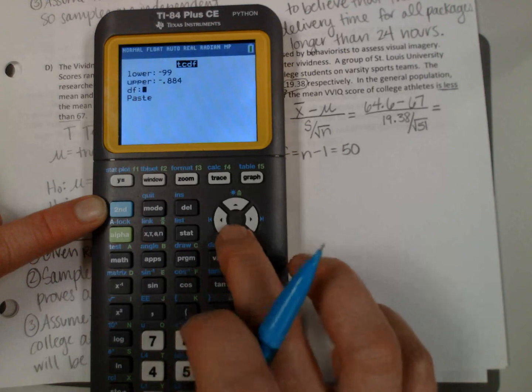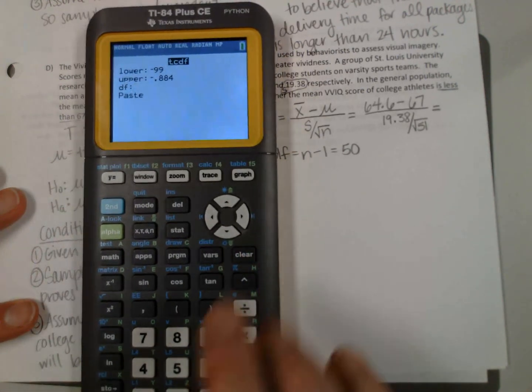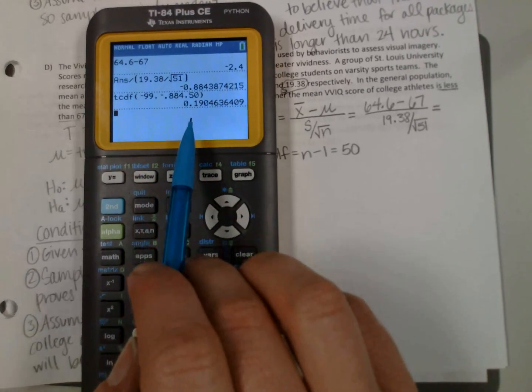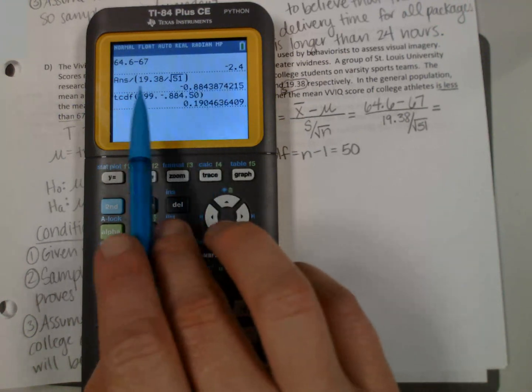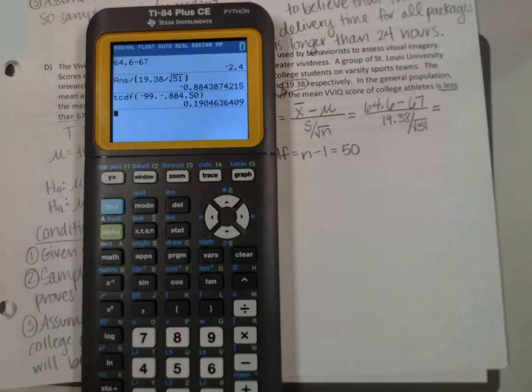I didn't write it down, but promise that's what it was. Then our degrees of freedom is 50, and this would be our probability. So that's like doing normalcdf, except this is the tcdf, for a t-distribution.